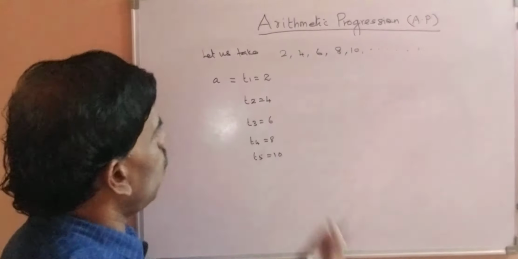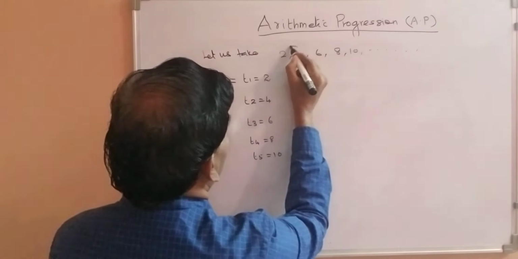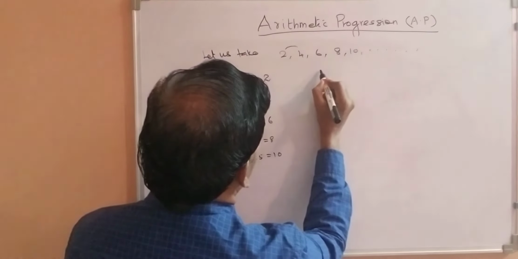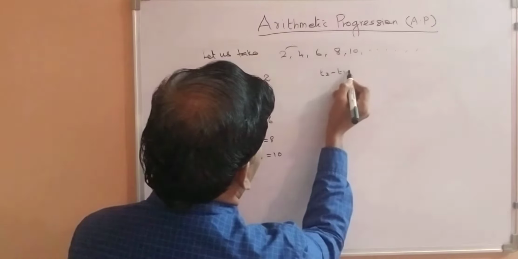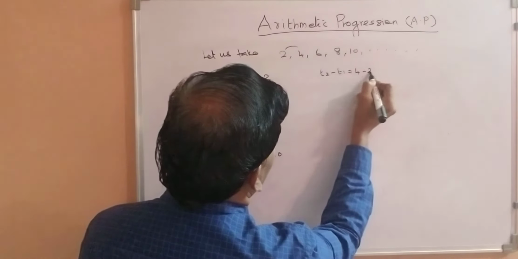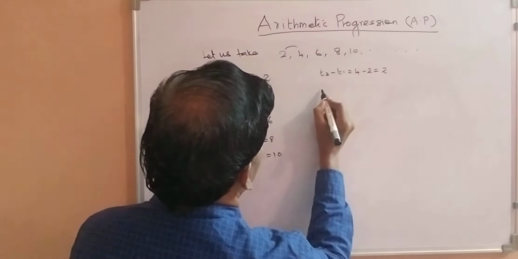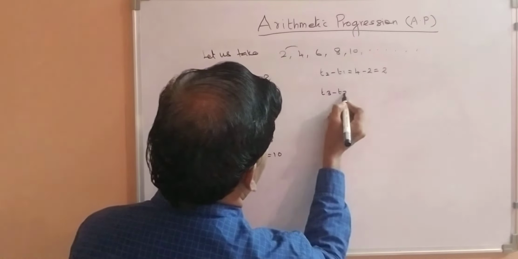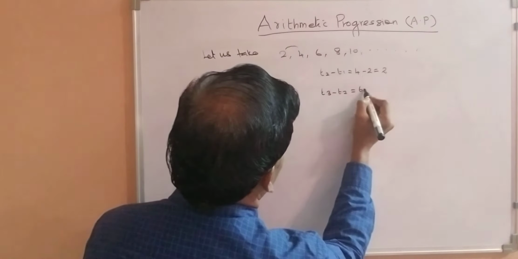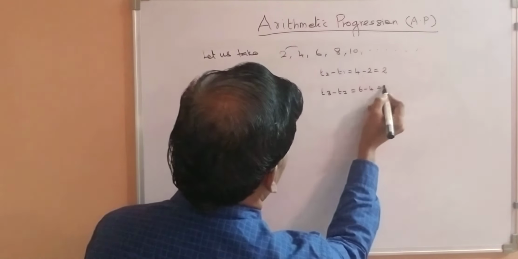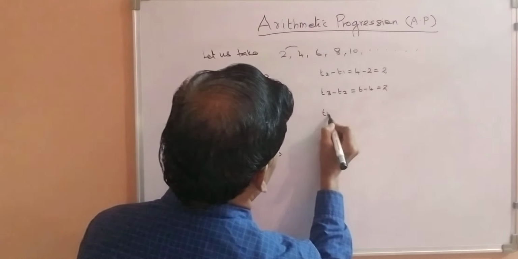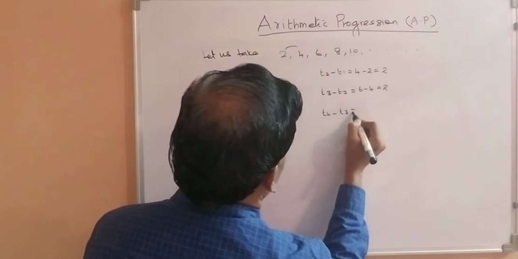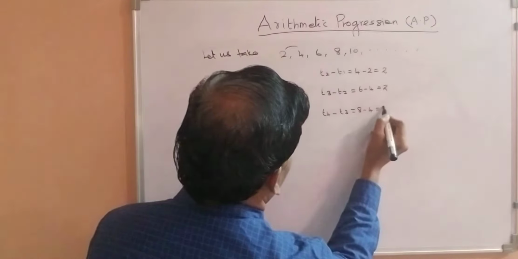Okay. Now, look at this. What is the difference? T2 minus T1, 4 minus 2 equal to 2. T3 minus T2 equal to 6 minus 4 equal to 2. What is T4 minus T3? 8 minus 6 equal to 2.